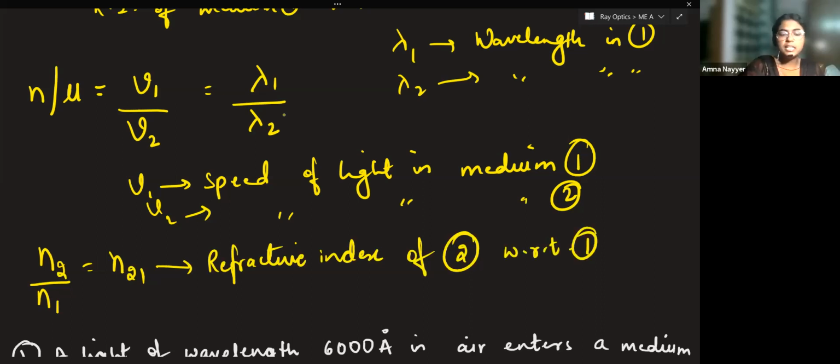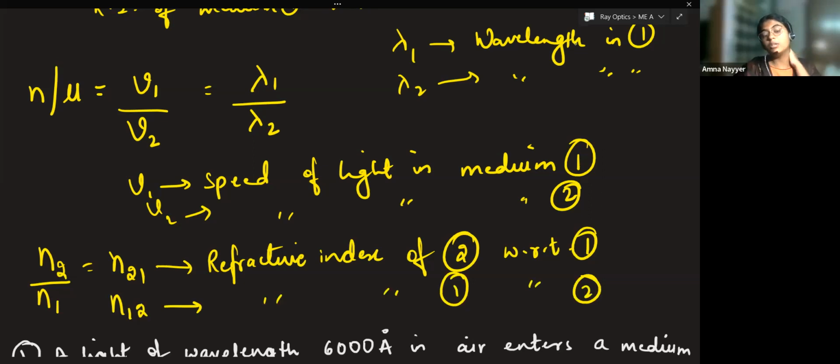If I write n12, that means the refractive index of the first medium with respect to the second medium. That is a way of writing when you take the ratios of two refractive indices. N2 by N1 is n21, the refractive index of the second medium with respect to the first one. The refractive index of the first medium with respect to the second one is N1 by N2.